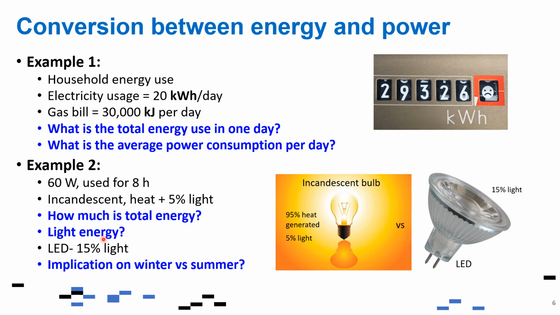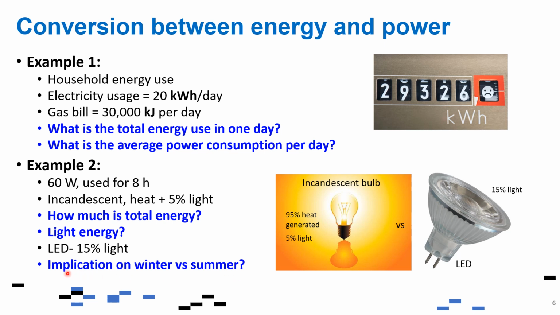And also for LED, instead of 5% light, it is now 15% light. So it means the LED has 85% heat and 15% light. So the conversion now is higher for lighting when you use LED, and only a smaller amount of heat is coming out of the light.